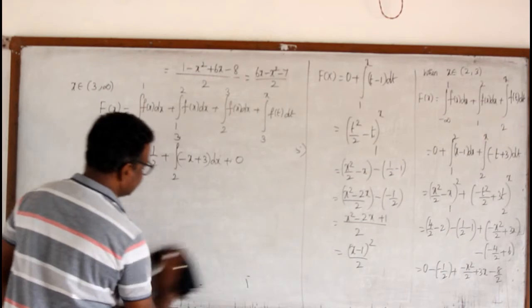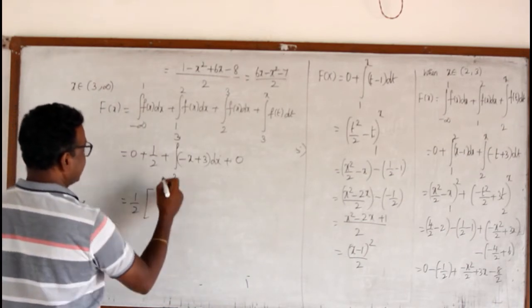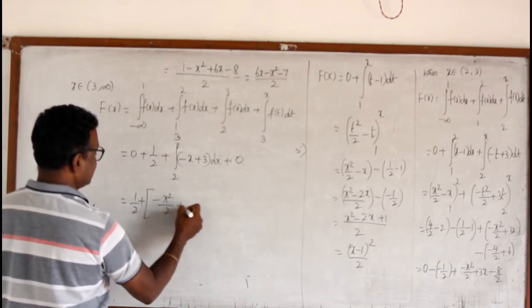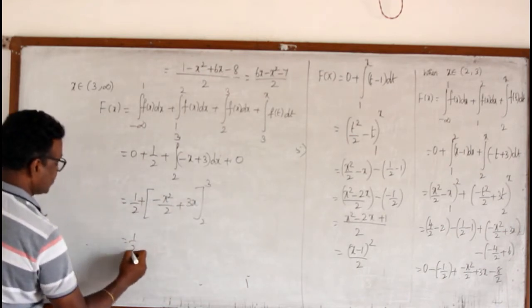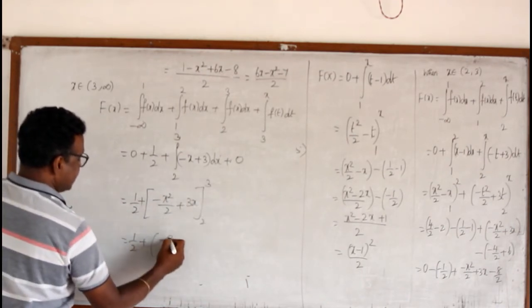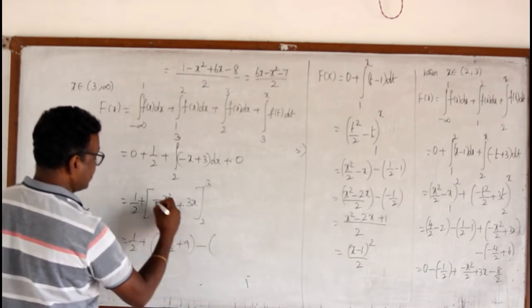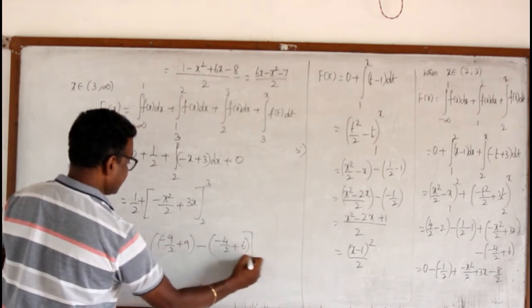Now the value is 1 by 2. Integration is minus x square by 2 plus 3x. Limits are 2 to 3. So it is 1 by 2 minus 9 by 2 plus 9, upper limit minus lower limit, minus 4 by 2 plus 3 2s are 6.